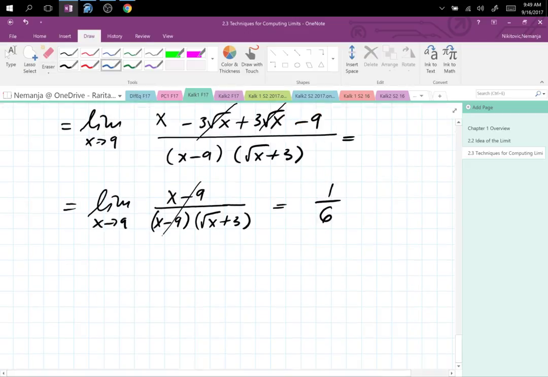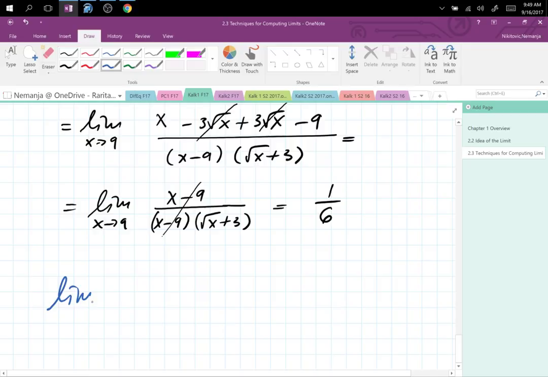Same problem. Limit x goes to 9 of square root of x minus 3 over x minus 9. Same example. Ready?